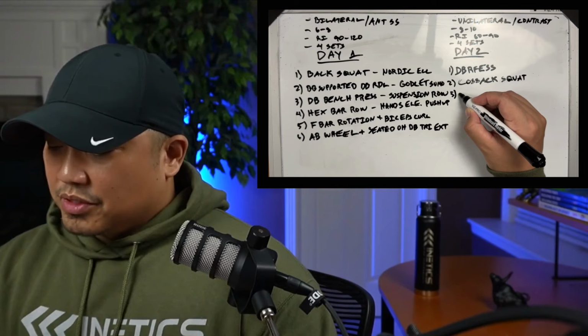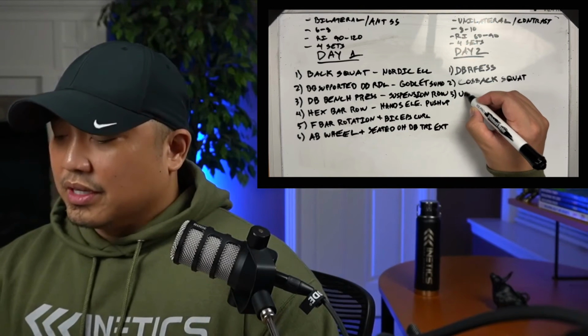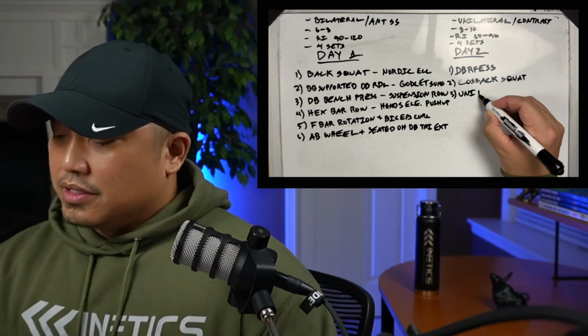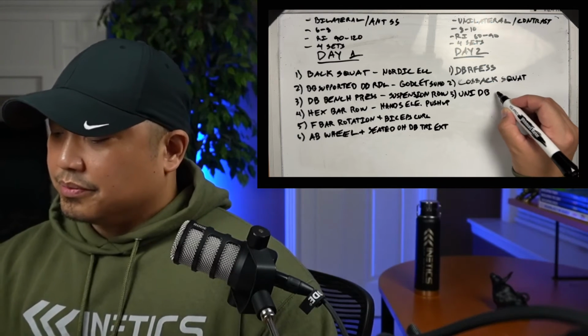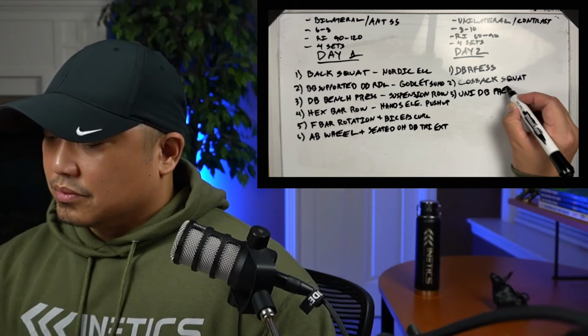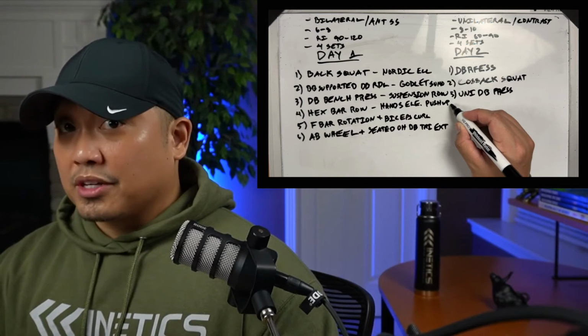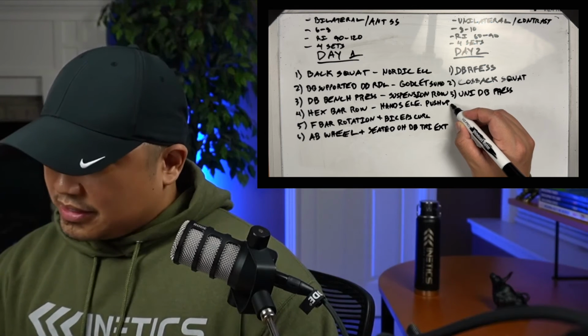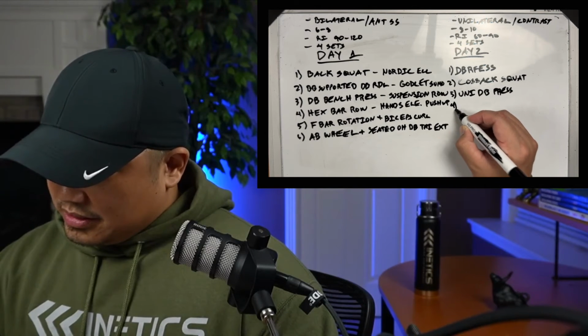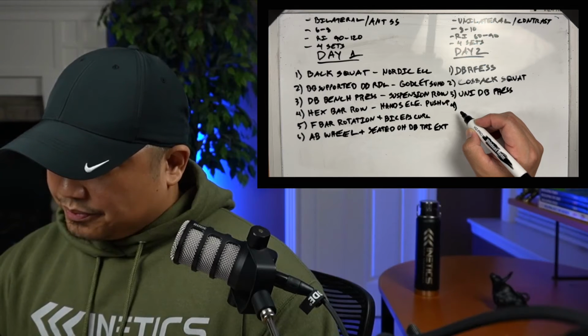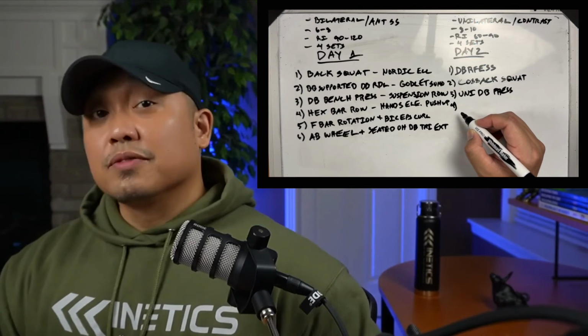Now we need some kind of a push. This one's pretty simple. Let's go with a uni dumbbell press. Then we'll need a pulling action for one arm at a time. These might be difficult.